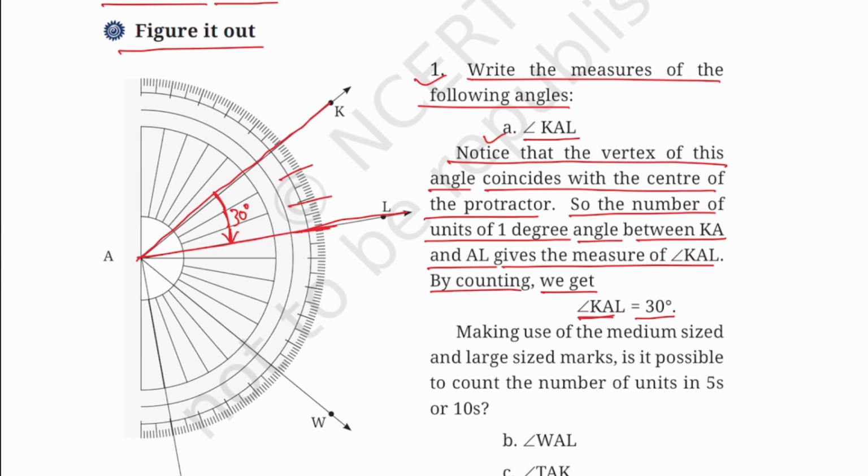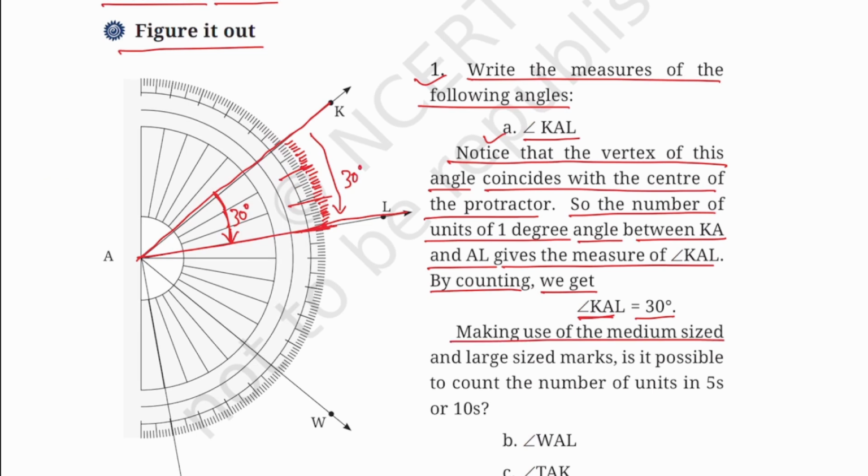You can count in numbers, that is 1, 2, 3, 4, 5, 6, 7, 8, 9, 10, 11, 12, 13, 14, 15, 16, 17, 18, 19, 20, 21, 22, 23, 24, 25, 26, 27, 28, 29, 30. Okay, if you count in 1, you will get 30. That means 30 degree.